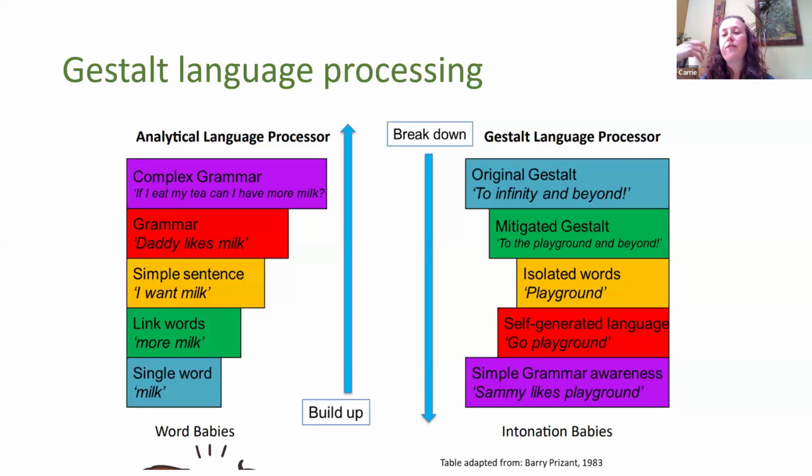A really important thing to do is, if they are doing that, so the example on there is the original Gestalt was to infinity and beyond, and they may be saying that to say it's time to go. If they say that and you've understood that it's time to go, you might want to reiterate back and go, yes, to infinity and beyond. And then you might want to add on to that where you're going to or something like that, so they can start to build that up.